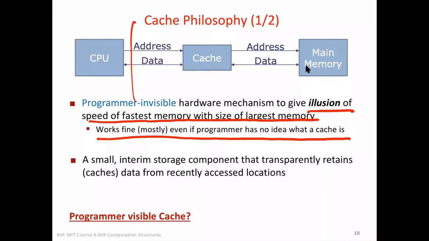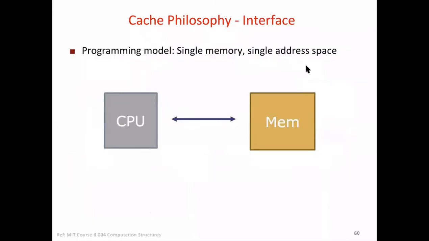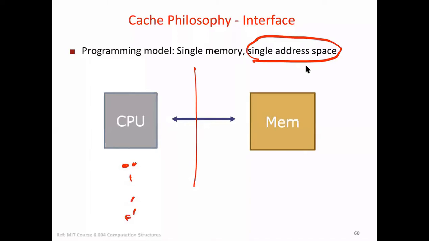Can there be programmer-visible caches? Let's look at it this way. What is the programming model that we use? The CPU can see only a single address space, from 0000 to whatever the maximum, maybe FFFF, depending on if it's a 32-bit address, then you have 2 raised to the power 32 minus 1. That's it. The only thing is that whatever address it requests, it should get the data.